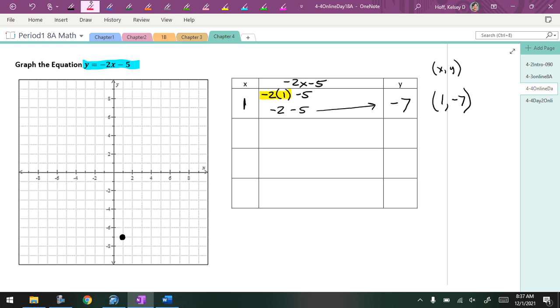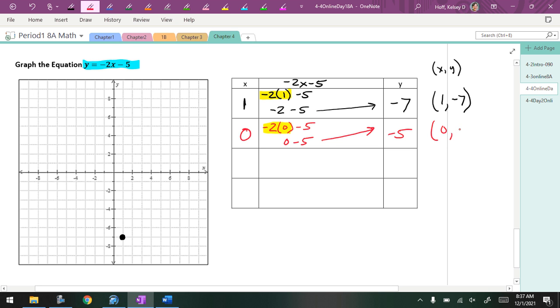0. So if I plug in 0, negative 2 times 0 minus 5, what do I do first? Multiply. Negative 2 times 0? 0 minus 5? Negative 5. What was the x? 0.